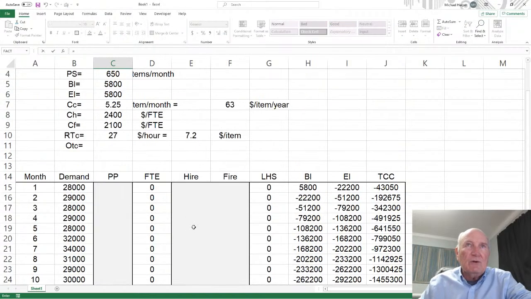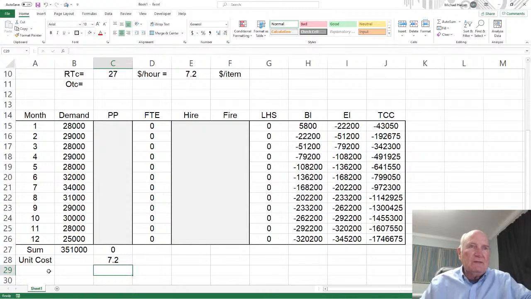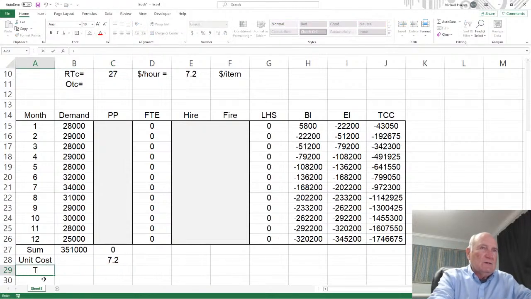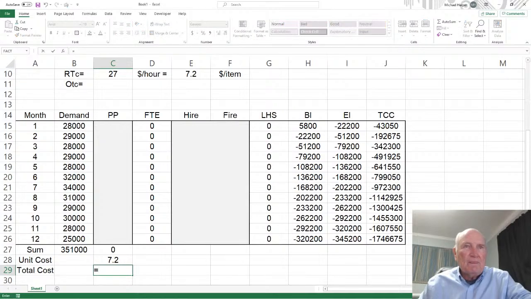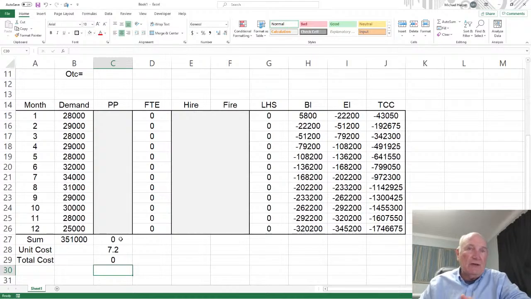That is going to equal, let's see, what was it? $7.20 per item. And then down here, my total cost will equal whatever this sum is going to be times my unit cost. Okay, right now it's 0, but we're going to change this in a minute.